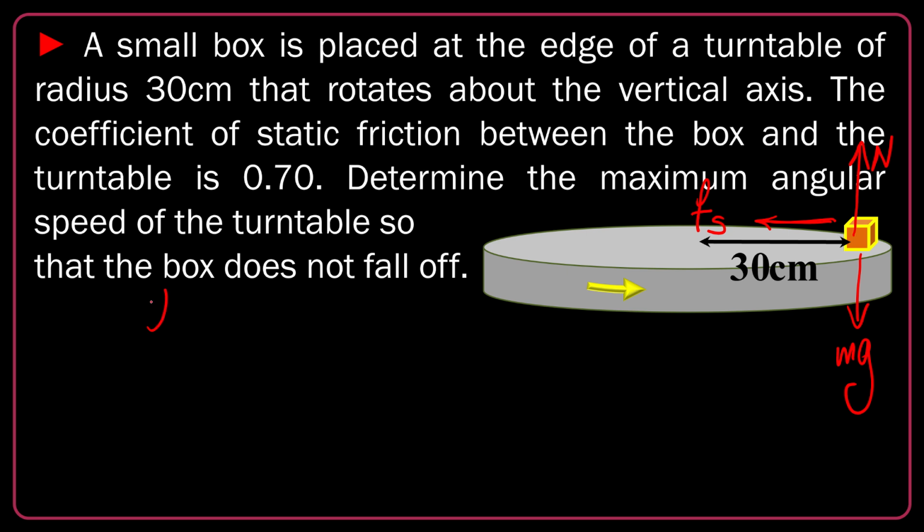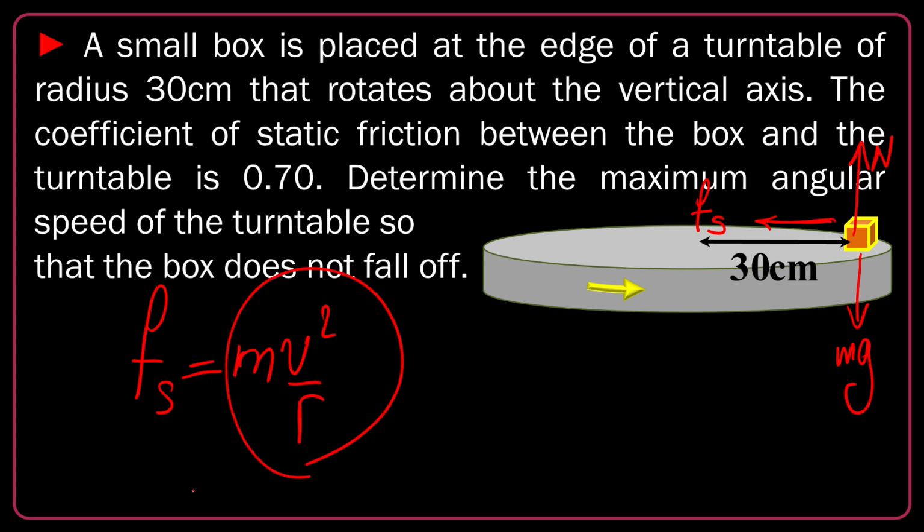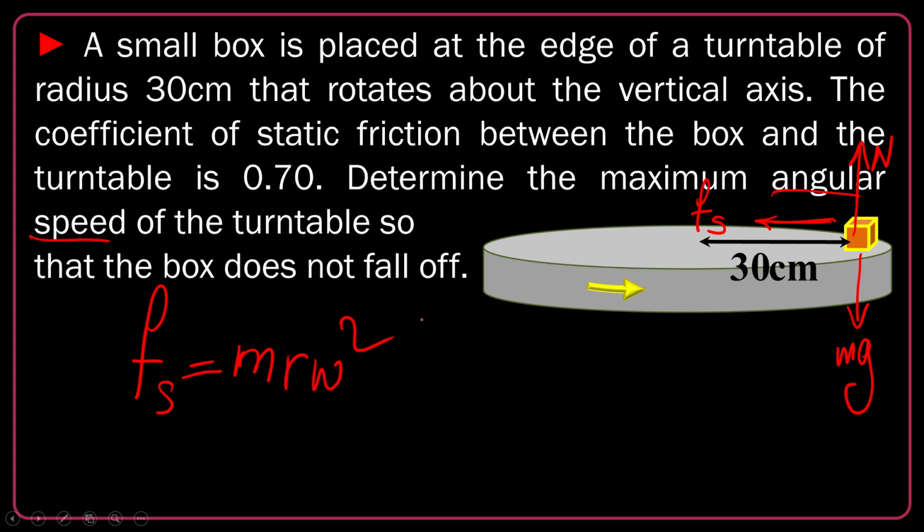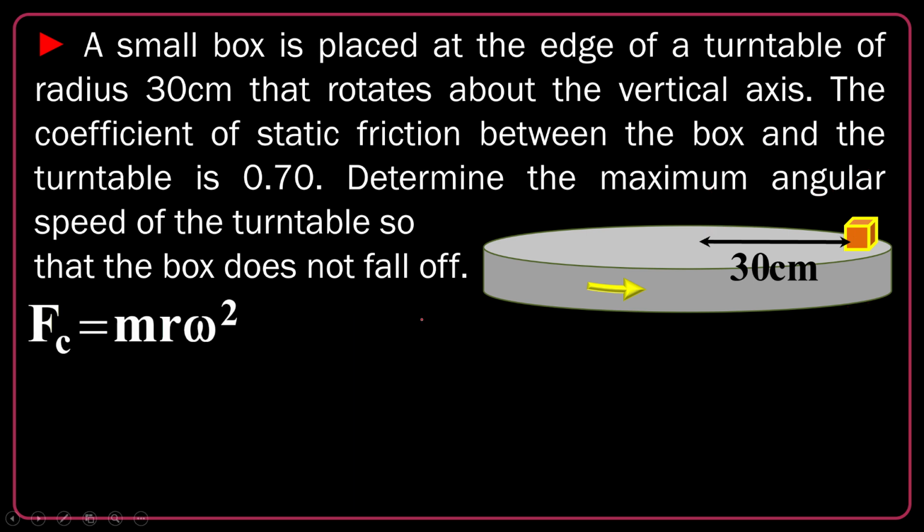So let's start with Fs equals mv squared over r. But it's not a good alternative. Why? Because the question is looking for maximum angular speed. So let's take m r omega squared. It's the better alternative. Okay. The next step after we take it to be Fs is the special case. Maximum angular speed is that.